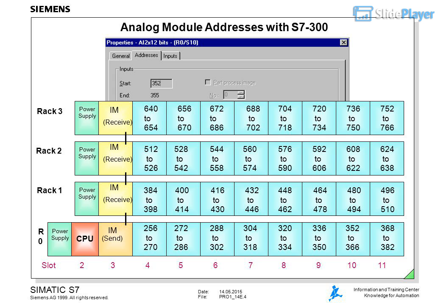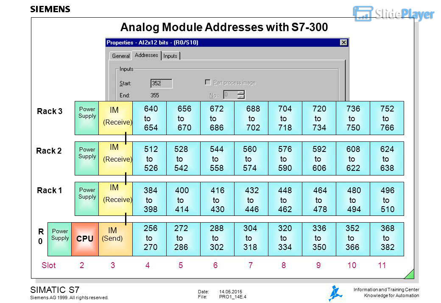IM receive, power supply. Rack 2: 512, 526, 528, 542, 544, 558, 560, 574, 576, 590, 592, 606, 608, 622, 624, 638.